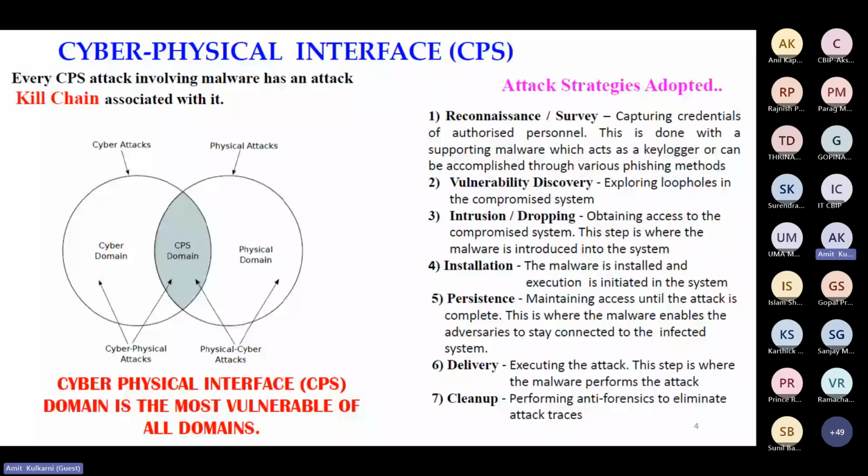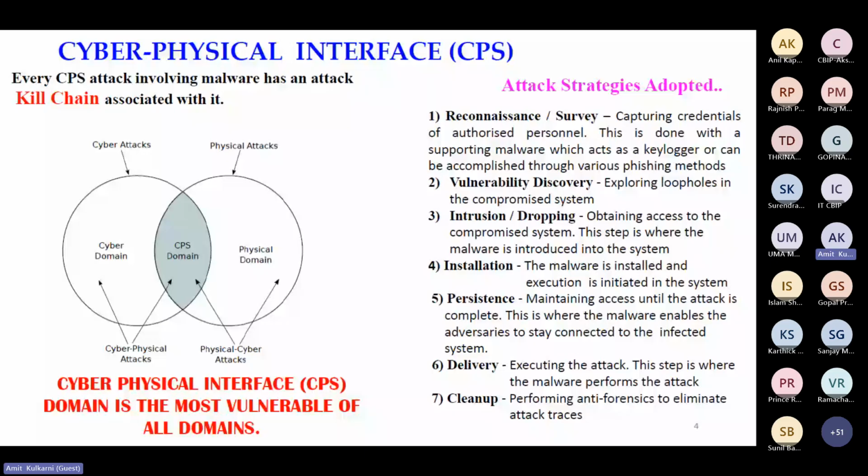And what are the attack strategies adopted? What does the attacker do initially? It does surveillance or reconnaissance, a recce as you can say in defense terms, much before the outcome of an attack is seen by the world.